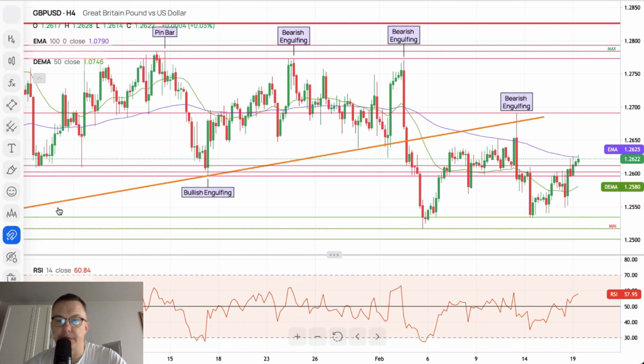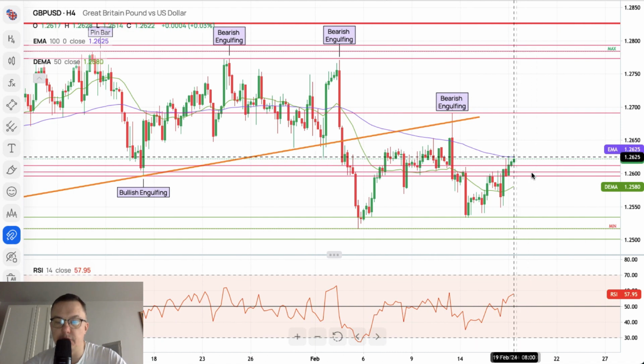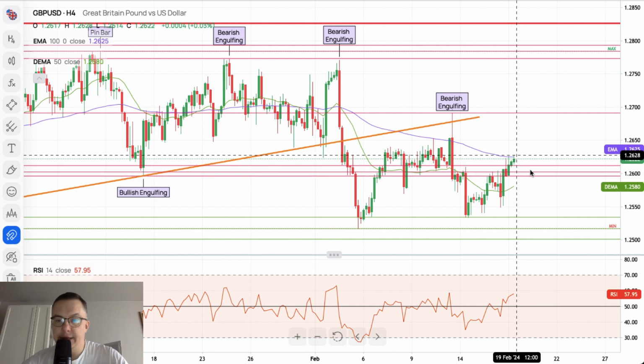Now the British pound. The British pound situation is quite different, because we already broke above this supply zone, and we hit the level of 1.2625, which is the 100 period moving average on the 4-hour chart, of course. So now this market still wants to move higher.